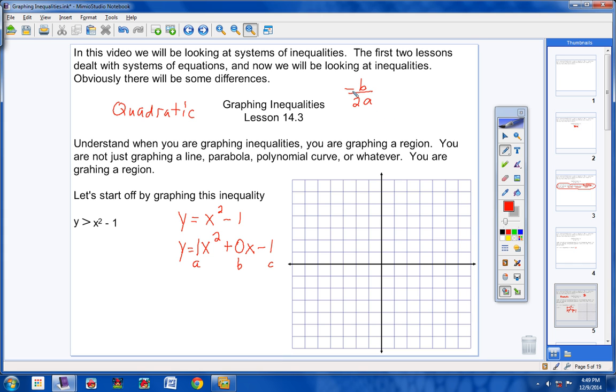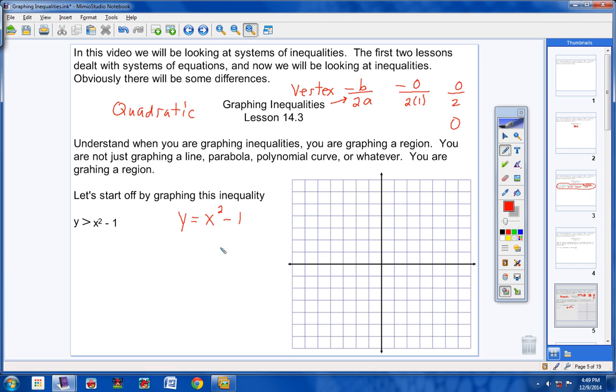So as I'm using this formula to find the vertex of the parabola, understand a is 1 and b is 0, okay? So here we go. A is 1, b is 0, so negative 0 over 2 times 1. That would be 0 over 2, which is 0, okay?